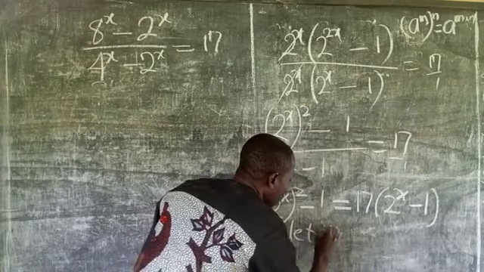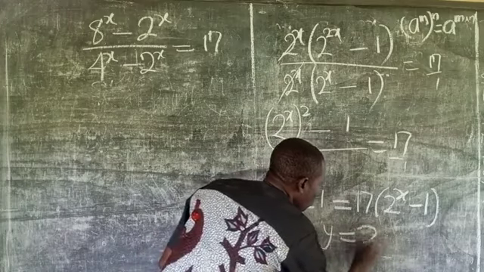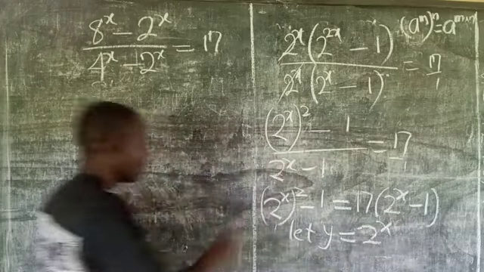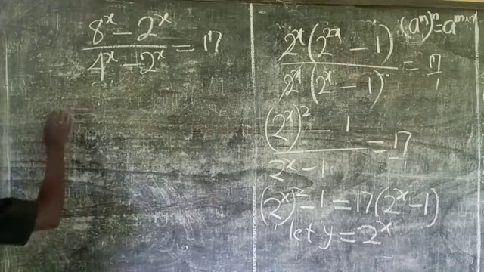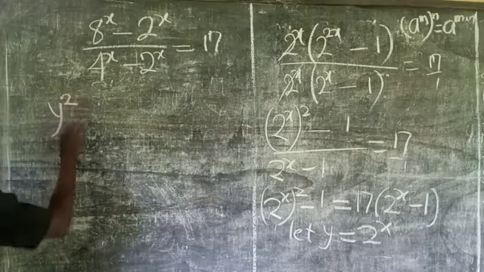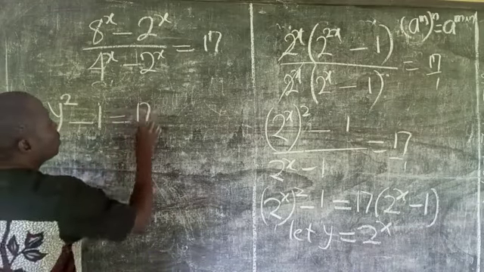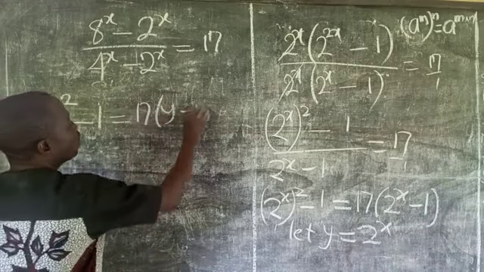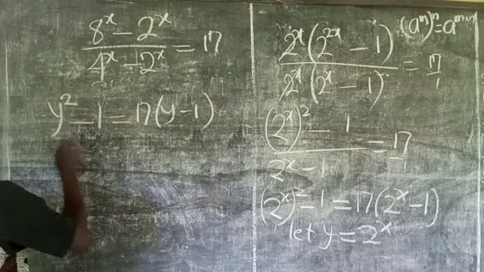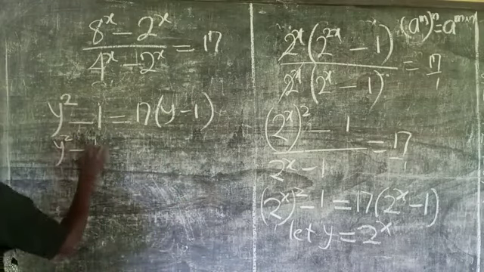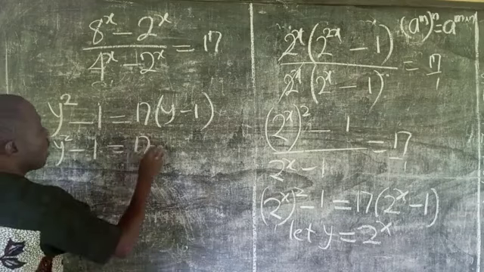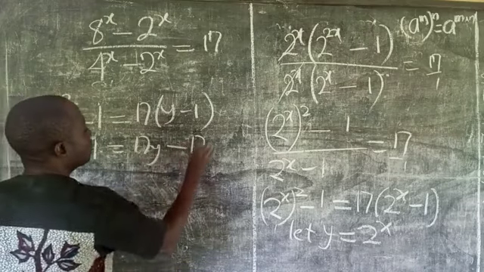Let y be equal to 2 raised to power s. So that becomes y squared minus 1 equal to 17 times y minus 1. So y squared minus 1 equals 17y minus 17.